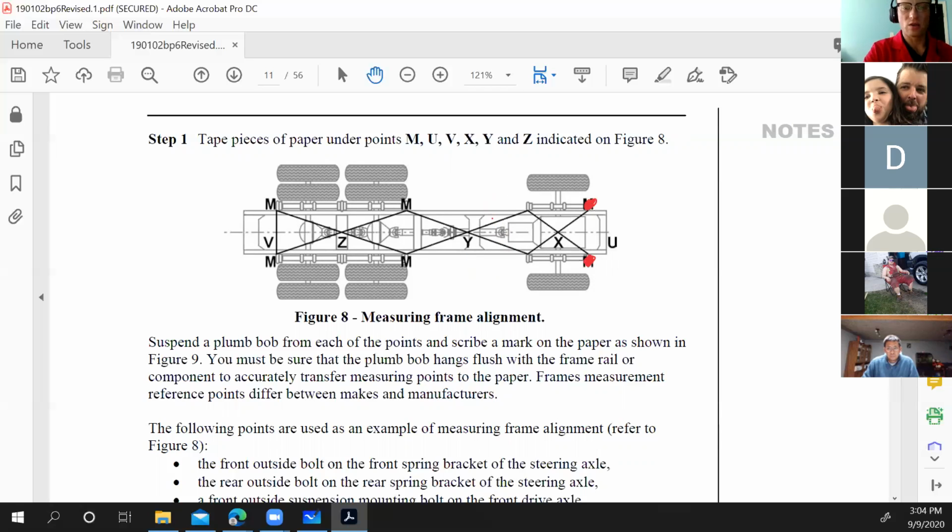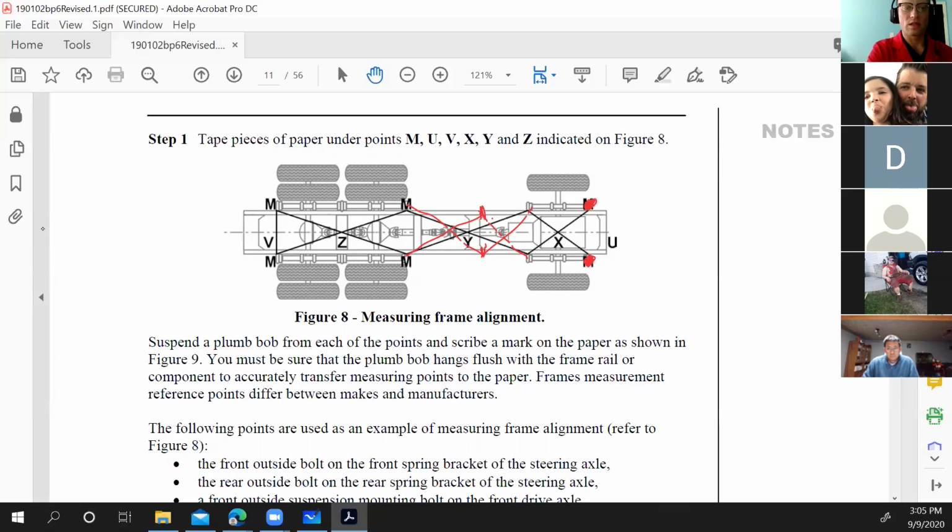Another good spot to use is cross members. So the bolt hole on that gusset should be the same as the one on the opposite side, ideally, okay? And then you can check another additional spot. The more spots you check, the more accurate this will be.